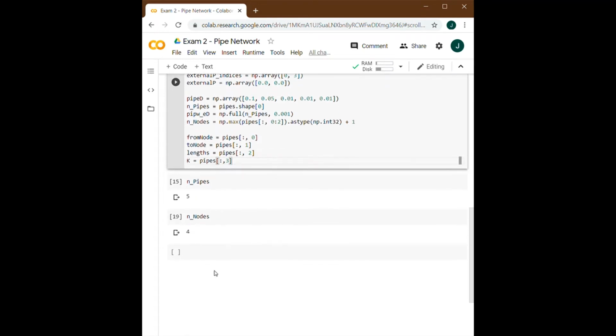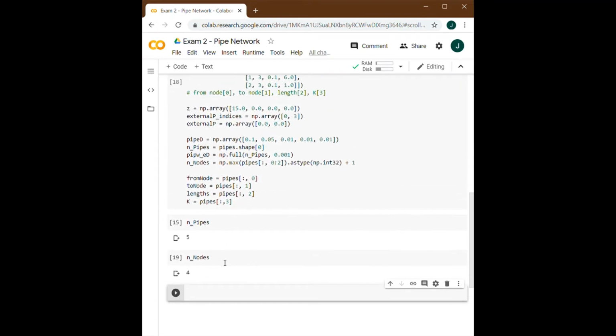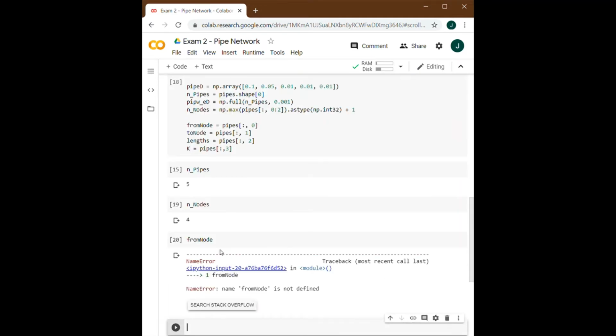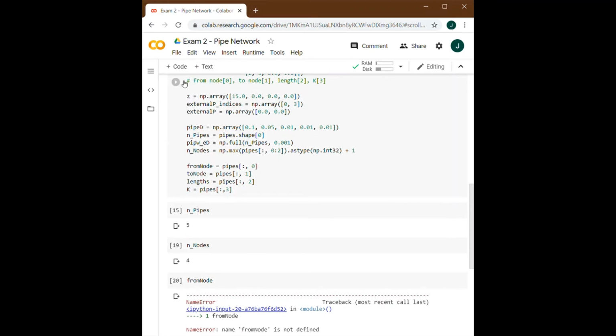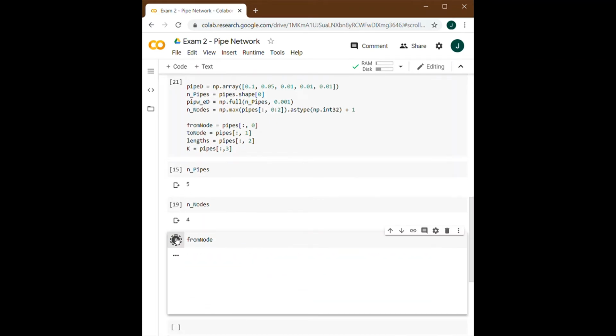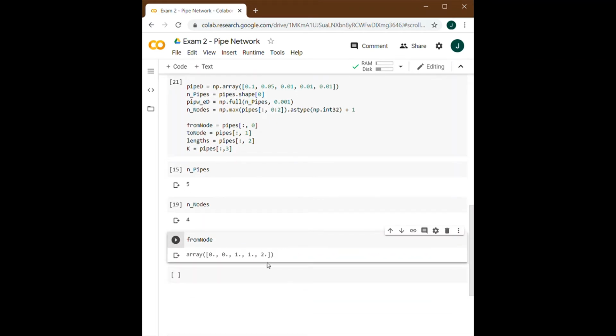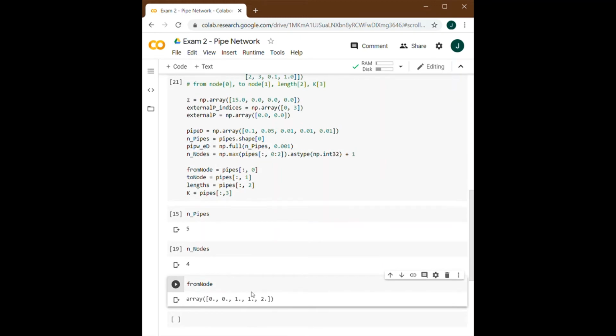Because what we have here, I'll demonstrate. So pulling from node, oh, excuse me, forgot to run it. So pulling from node, we have this array 0, 0, 1, 1, 2.